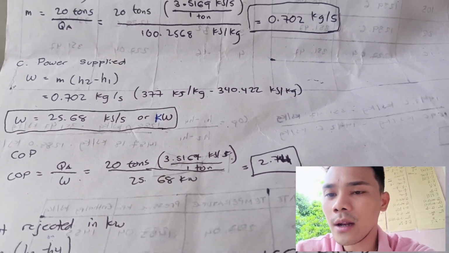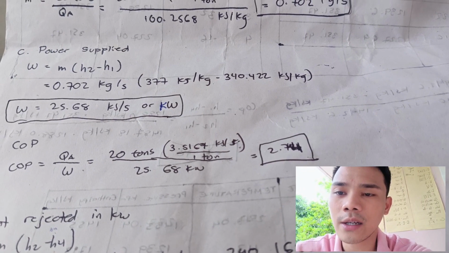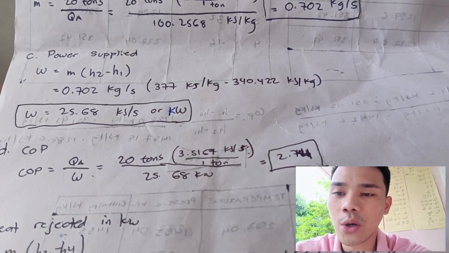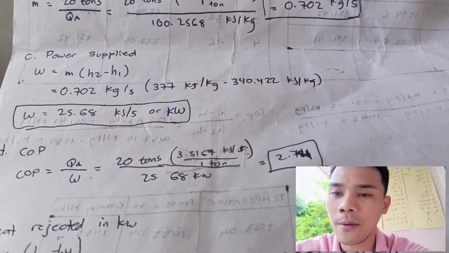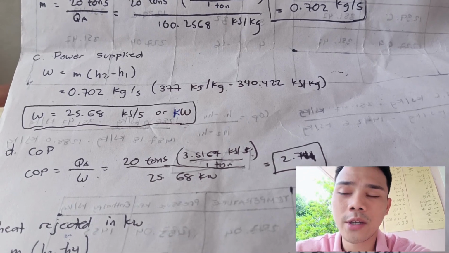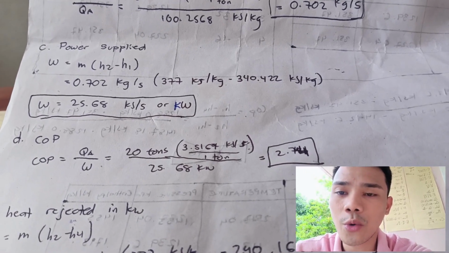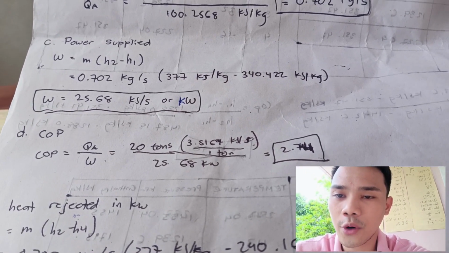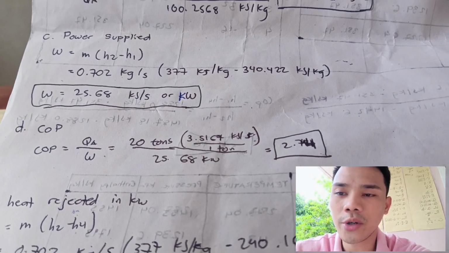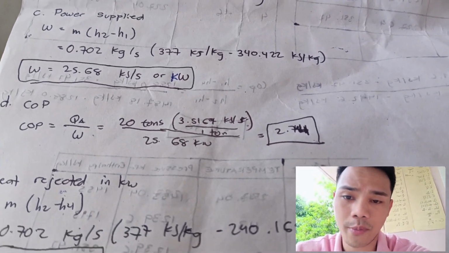Kilojoules per second is the same as kilowatts, so the units cancel, and the tons cancel. Our coefficient of performance is 2.74. It has no unit.